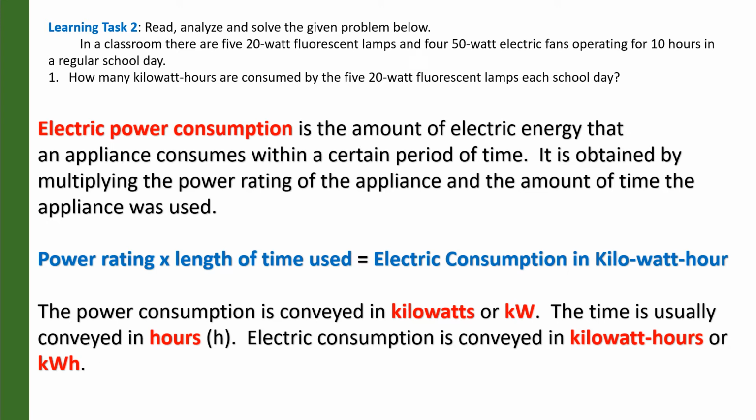Ibig sabihin nun, ang ating magiging formula ay ito, yung kulay blue. Power rating times length of time used is equal to electric consumption in kilowatt-hour. The power consumption is conveyed in kilowatts or kW, and the time is usually conveyed in hours, which is H.